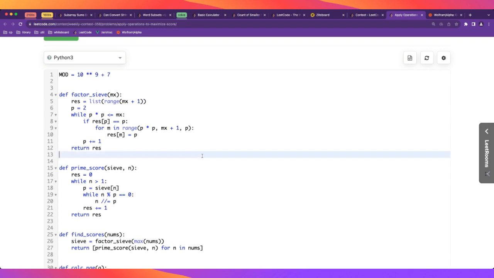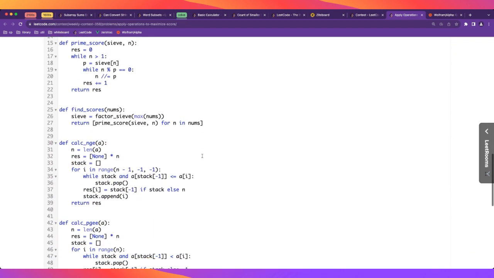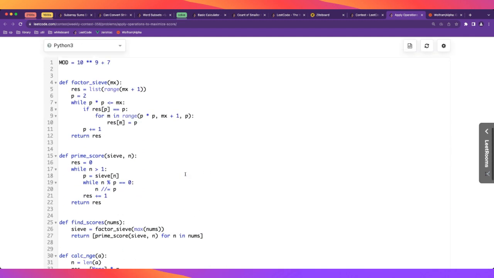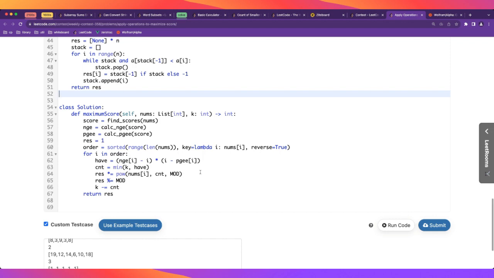That's cool. So yes, there are many takeaways in these problems, I think. Well, like I said, this is an overloaded medium, I would call it. It's an overloaded medium that becomes a hard because all these sub-problems add up. And it turns out to be a substantial amount of code.